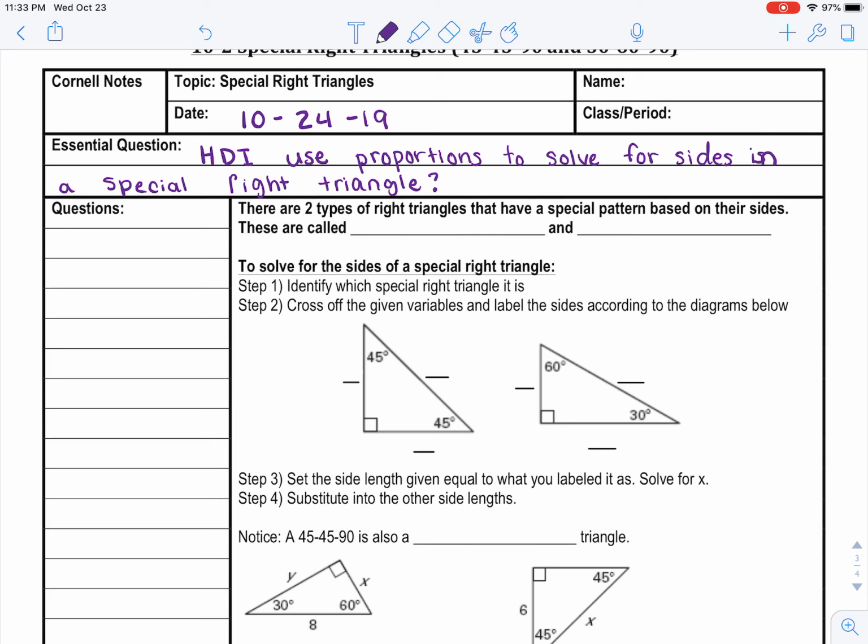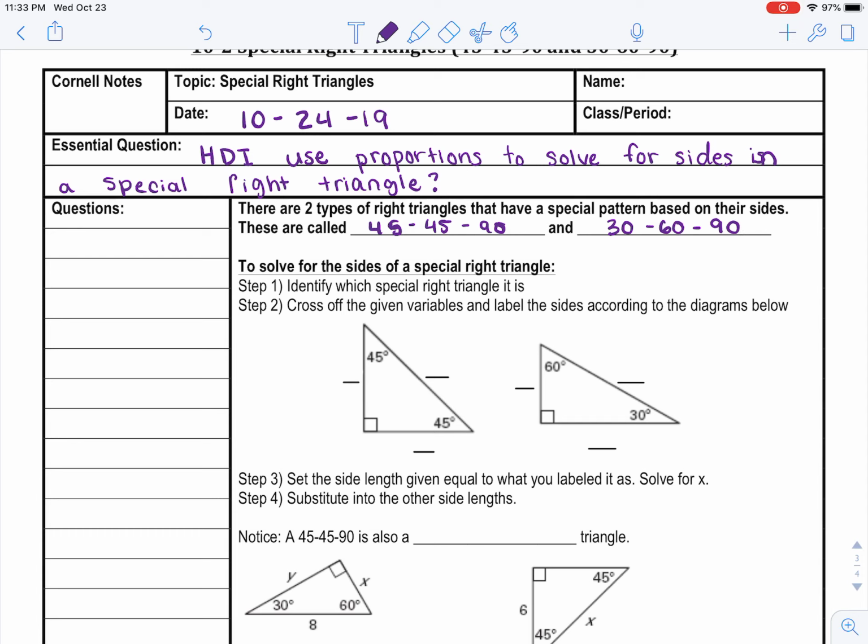So, there are two types of right triangles that have a special pattern based on their sides. They're called 45, 45, 90 triangles and 30, 60, 90.